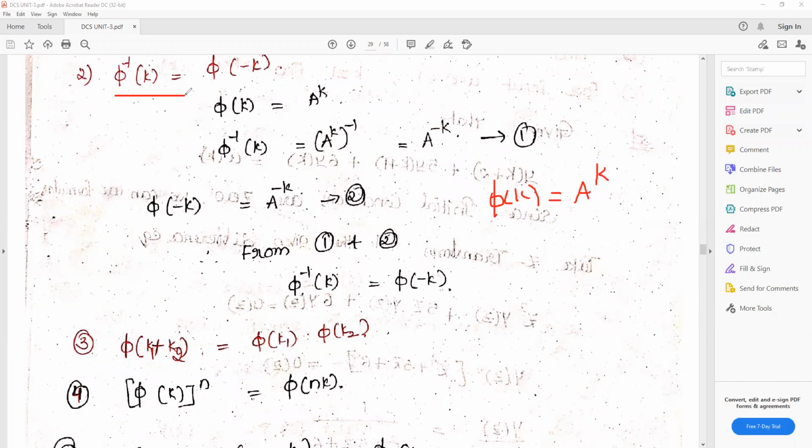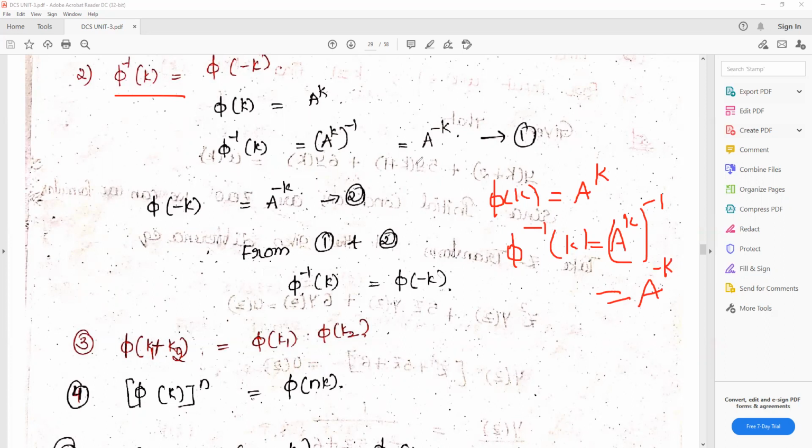So what do we have to prove? Phi inverse of k is equal to a power k whole inverse, which is a power minus k.